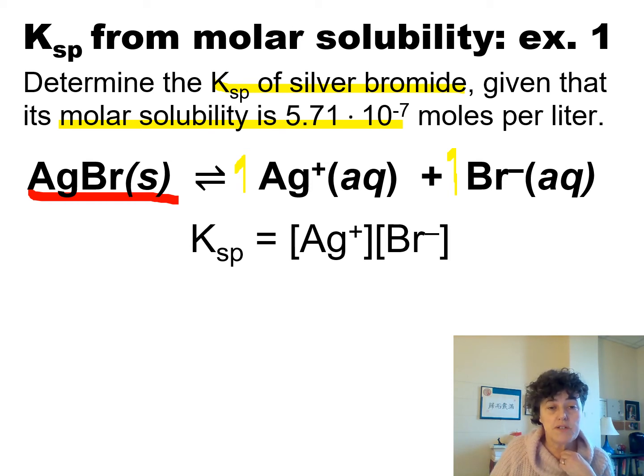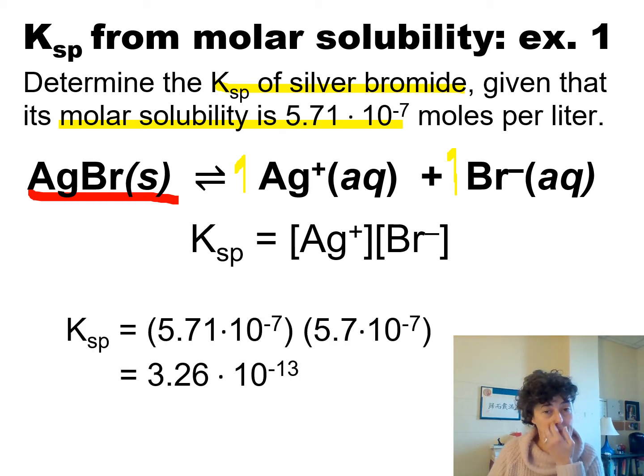So all you have to do really is plug and chug, right? You get really small numbers. Now make sure the settings on your calculator are such that you can handle these small numbers without complications. Some calculators may decide that the number is so small that the calculator may round it down to 0.